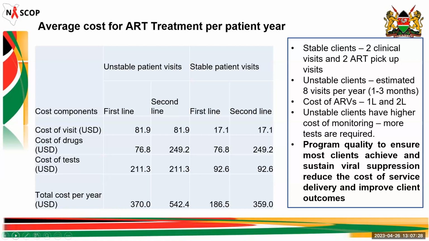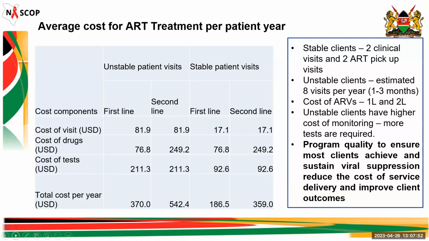In terms of these unstable clients, because they have to do multiple visits before they can go into the long clinical visits of every 6 months, they utilize more resources in their service delivery, and that made their cost of service delivery much more compared to the stable clients.